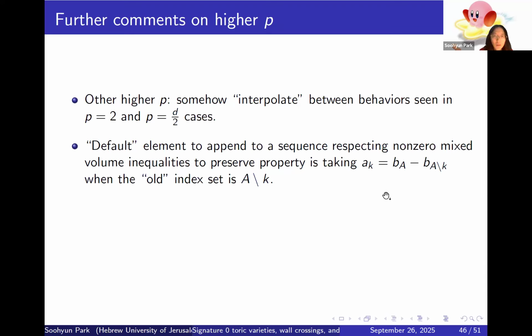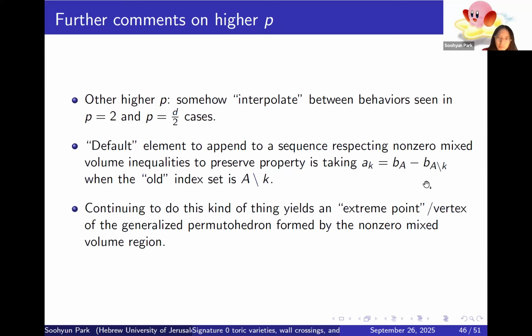So this is starting off with, okay, you want to find an odd tuple in a non-zero mixed volume region. Let's say you have an n-1 coordinate thing that does satisfy it, and you want to add a new coordinate that still preserves the non-zero mixed volume property with respect to this new set where you add this new index point. And if you add the minimal possible element, it does indeed work.